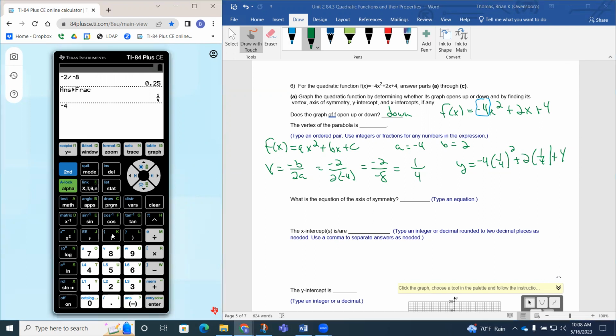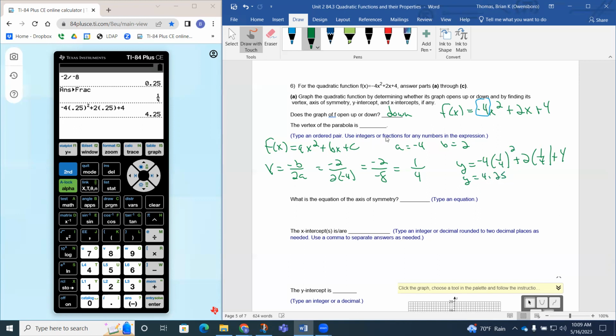So -4 times 0.25 in parentheses, squared, plus 2 times 0.25, and then we're going to add 4. Hit enter, and that gives me 4.25. So y equals 4.25.